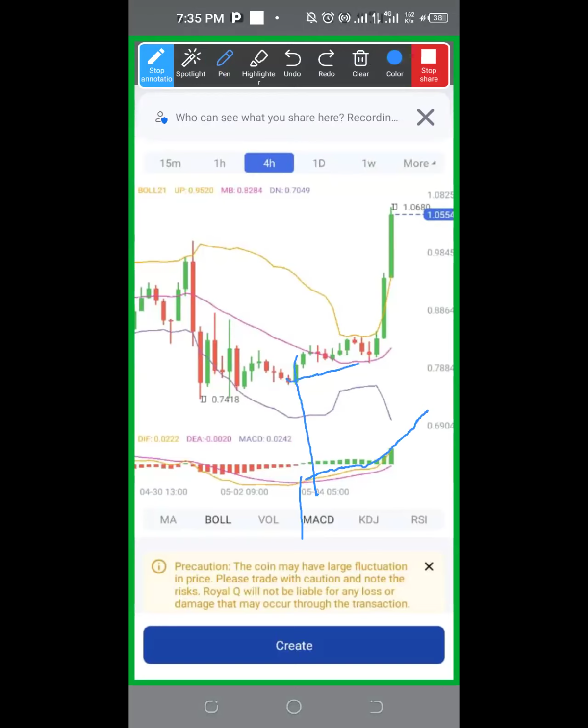Begin to observe the candles. You see that they are moving from the lower band and back. That's a problem here.